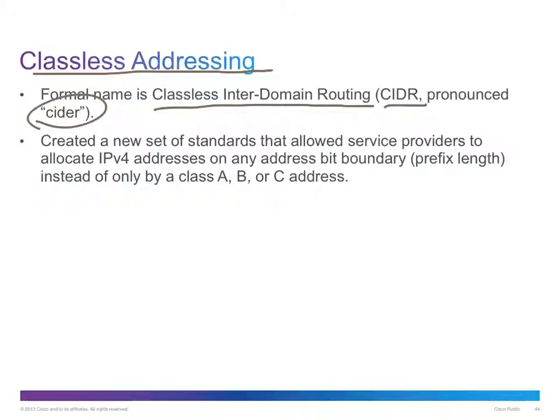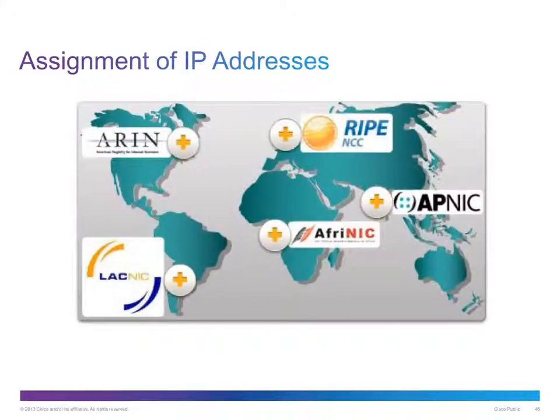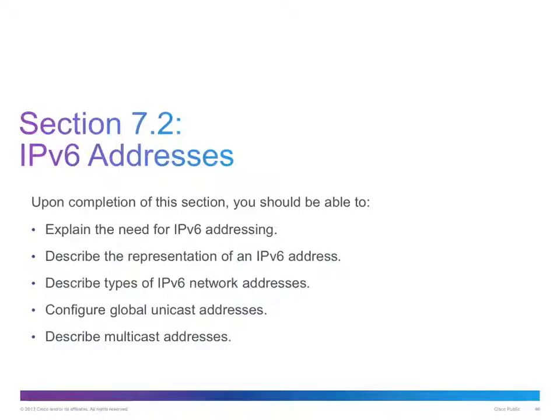It creates a new set of standards that allows service providers to allocate IP version 4 addresses on any address bit boundary, so any prefix length, instead of the old boundaries of A, B, and C. This is becoming so obsolete we hardly need more. There are groups that assign the addresses so we don't get any of them mixed up. We'll talk about that when we get to IPv6 addresses, which will be the next topic. So we're done.